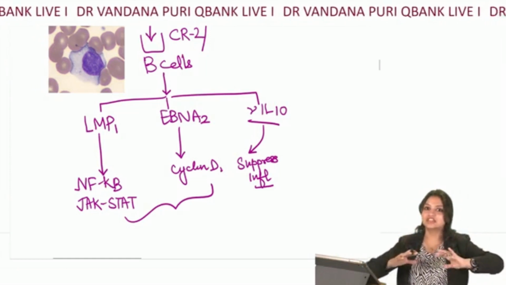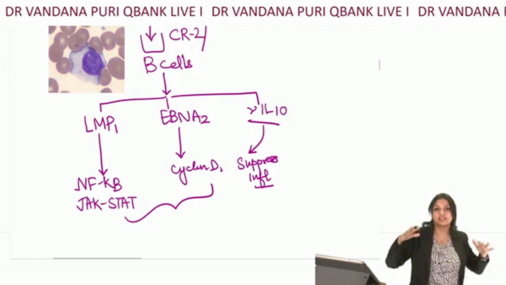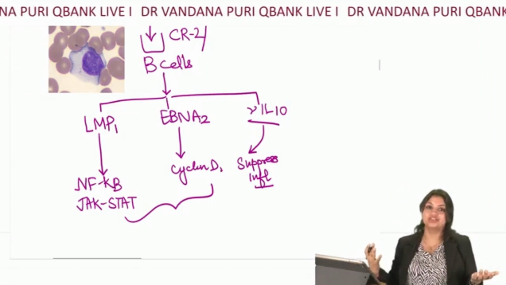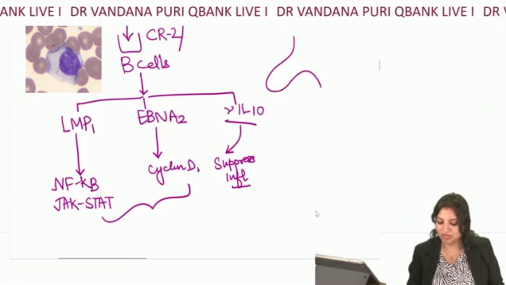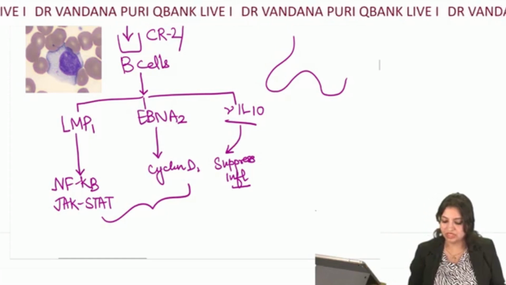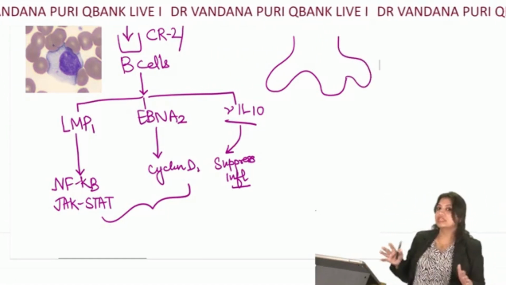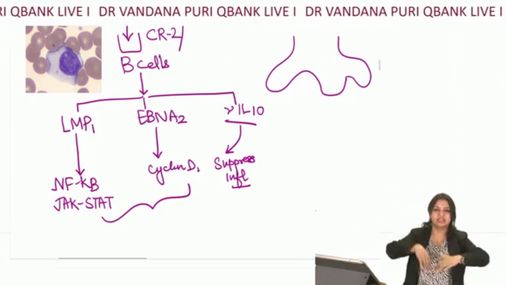CD8 cells change from their normal shape into activated cells, and when they change, they wear that skirt. What is this skirt called? Ballerina skirt. Why is it called ballerina skirt? Because it is like ballet dancers. If you see ballet dancer girls, they also wear a dress like this.